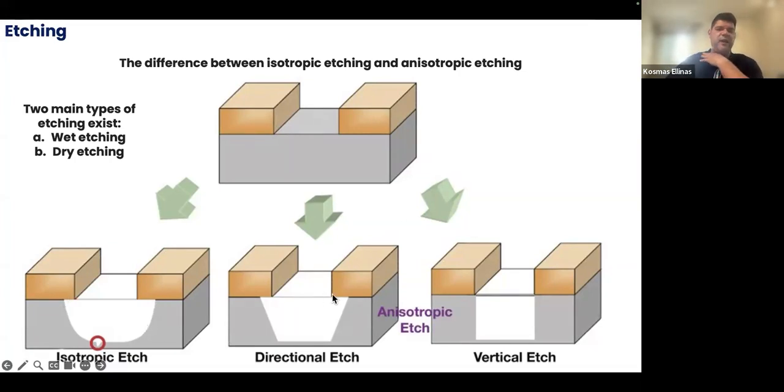We have directional etching and anisotropic etching, which is vertical. So either we have a lateral dimension of etching, but this is smaller compared to the vertical one, or we have completely vertical etching.